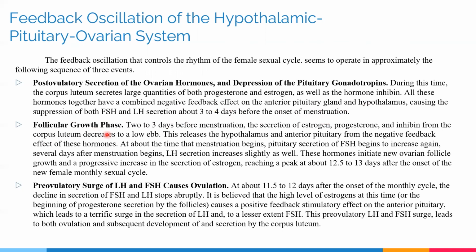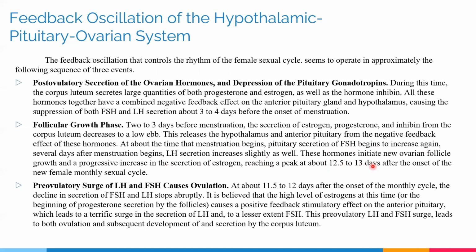Follicular growth phase. 2 to 3 days before menstruation, the secretion of estrogen, progesterone, and inhibin from the corpus luteum decreases to a low ebb. This releases the hypothalamus and anterior pituitary from the negative feedback of these hormones. At the time that menstruation begins, pituitary secretion of FSH begins to increase again, and several days after menstruation begins, LH secretion increases slightly as well.